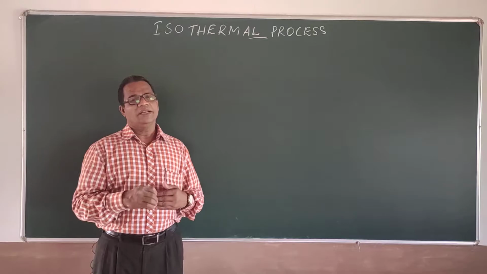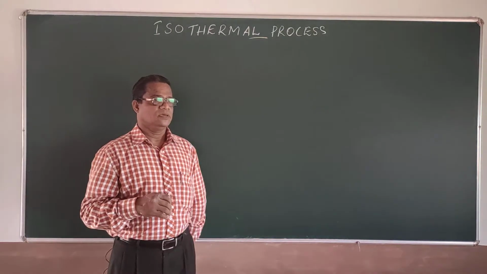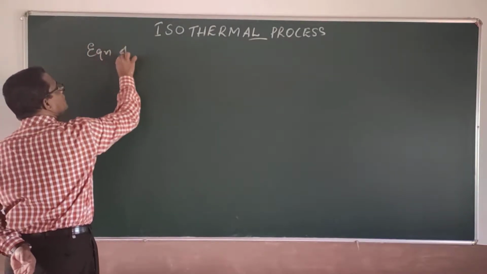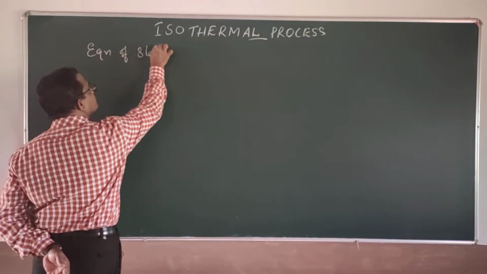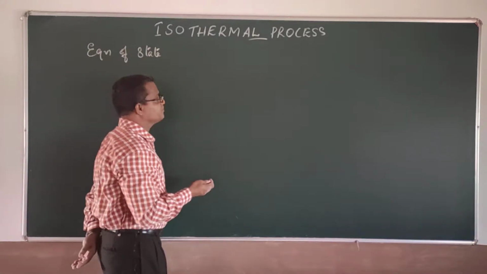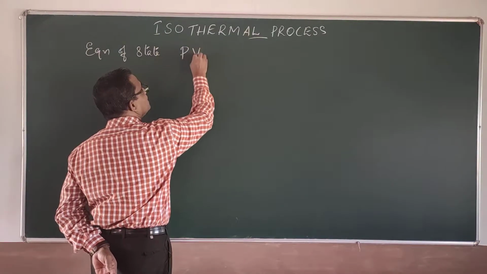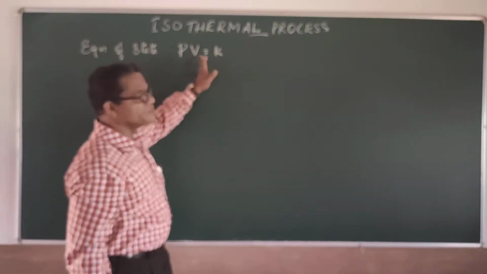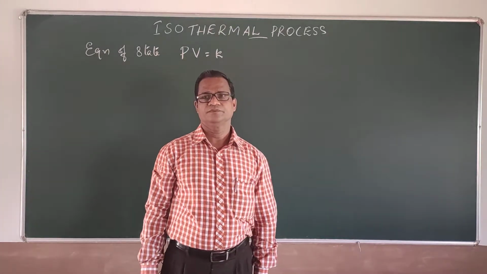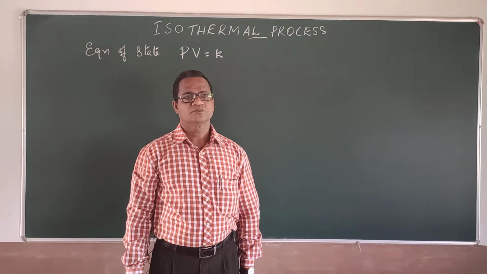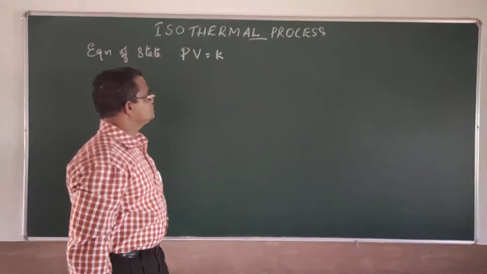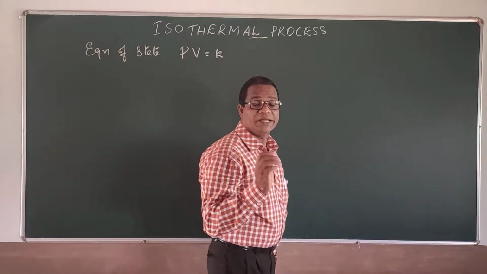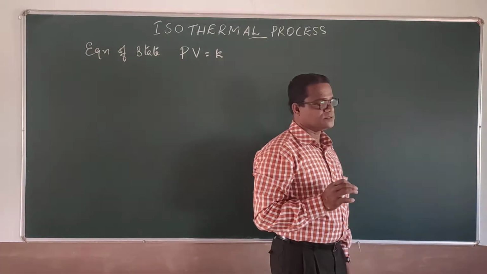Now, the details we require here are the equation of state of the isothermal process. It is PV equal to a constant. Pressure into volume remains a constant. Then the indicator diagram for the isothermal process.